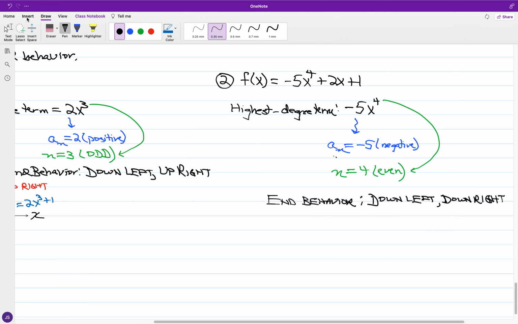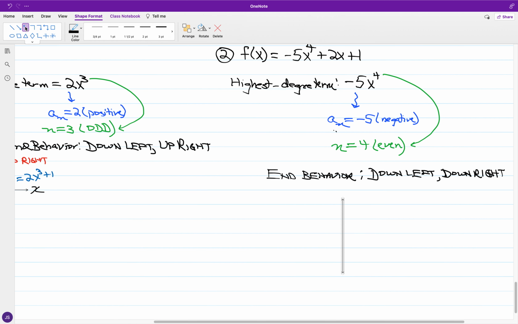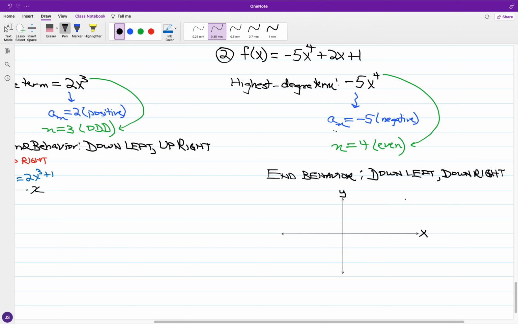Just looking at the dynamics on this one, again just doing a rough sketch, if you were to graph this, it might look kind of different in shape.